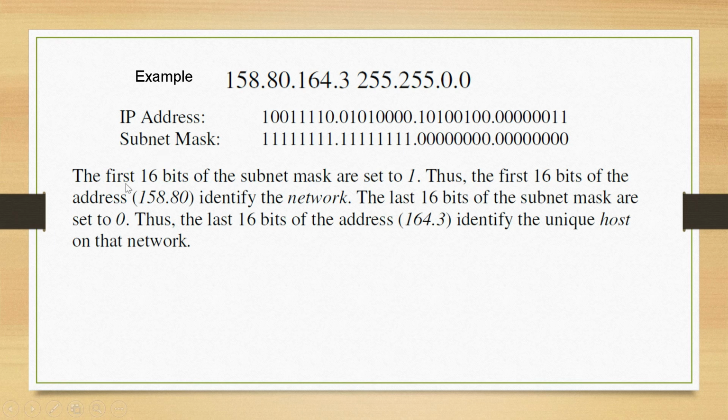Okay. So the first 16 bits of the subnet mask are set to 1. That means from left to right in the subnet mask, these are set to 1. So that means the first 16 bits of the IP address will identify the network. So the network of our IP address is 158.80, because all in its subnet mask is set to 1 on the first 16 bits.